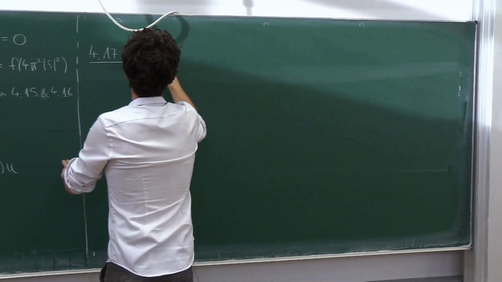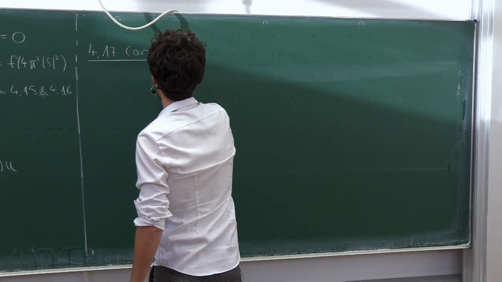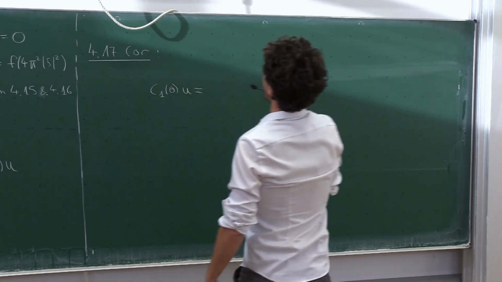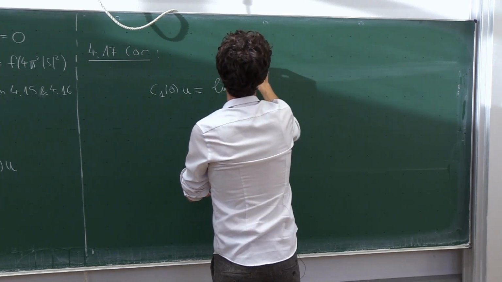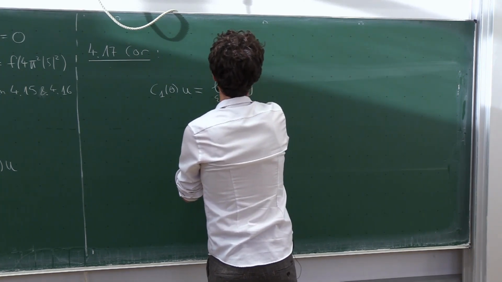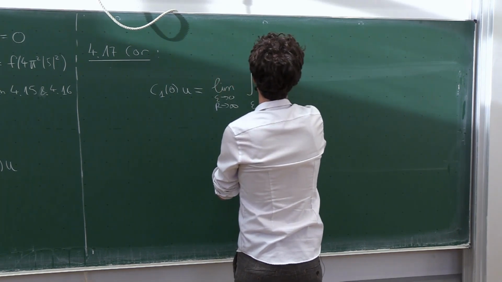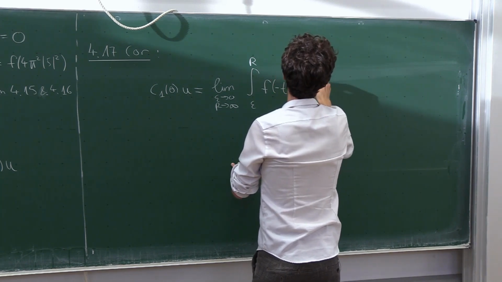4.17, last corollary for today, is now: the reproducing formula says that I find u by integrating from 0 to infinity, up to the technicality of being improper as an integral, f of minus t delta u.